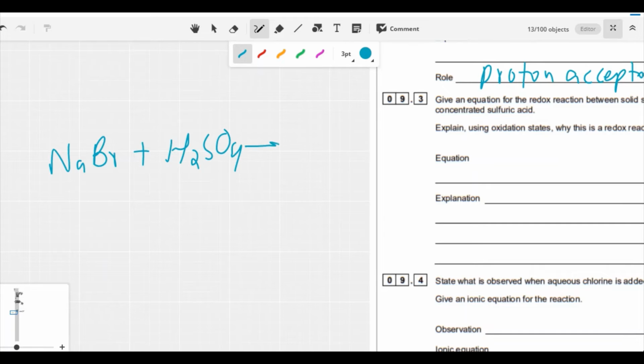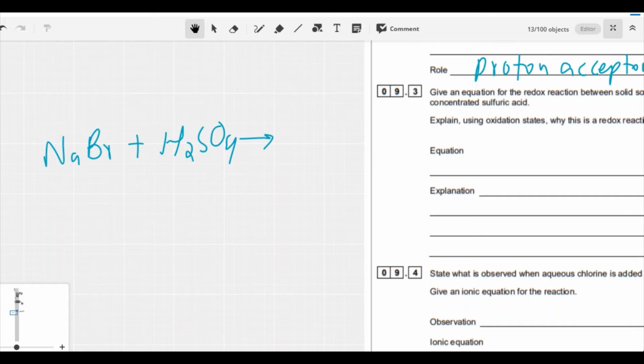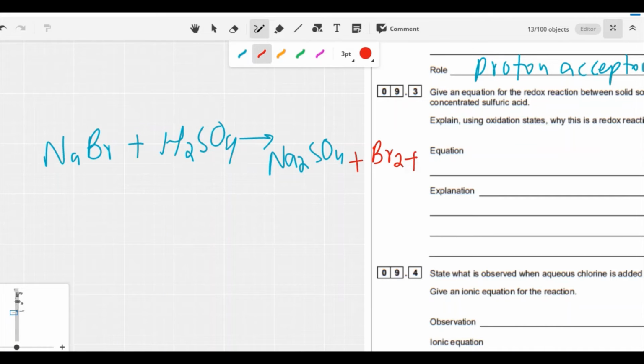So there is again a displacement reaction, but there are some more products that are formed. The first one is sodium sulfate, Na2SO4, that is our one product. The second one is bromine, so it means bromide ions are converted into bromine.